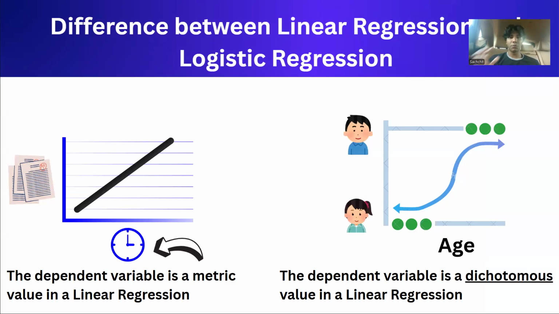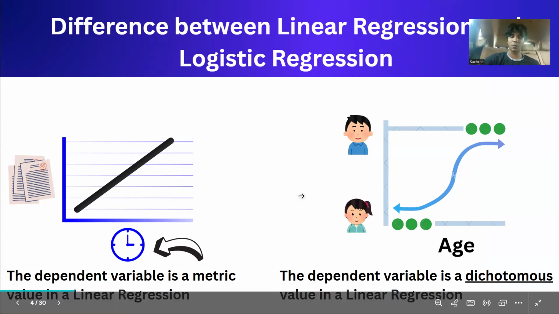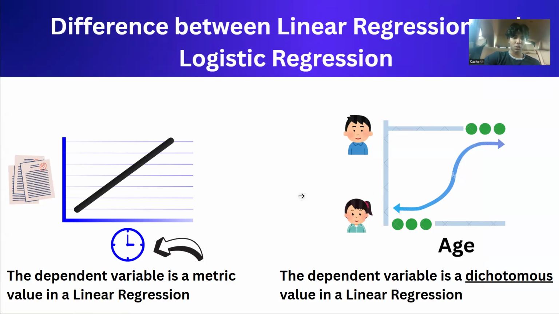The difference between linear regression and logistic regression. In linear regression, you have the dependent variable, which is a metric value. All that means is that you're relating one variable to another variable. It's 1 to 1, not 1 to 2, 1 to 3.